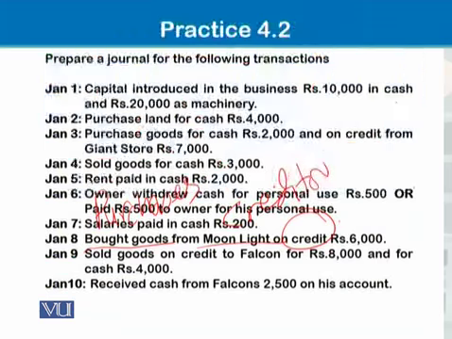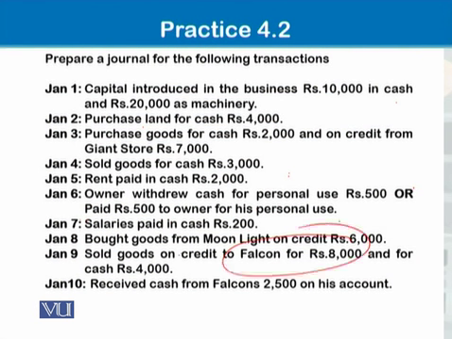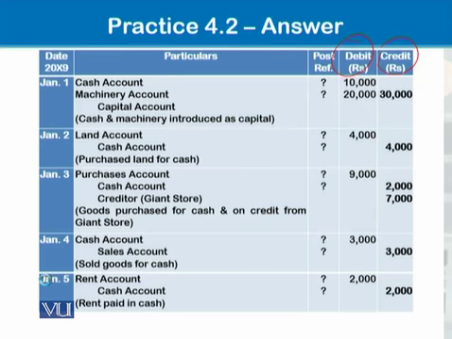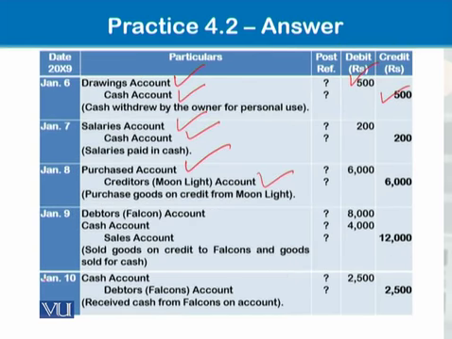Let's concentrate on this transaction. Sold goods on credit to Falcon for 8,000 and for cash. Again, there are two accounting entries in this. Let me go straight to the answer. Here we have sales on cash as well as sales on credit.